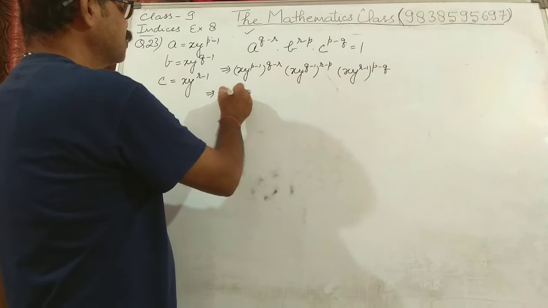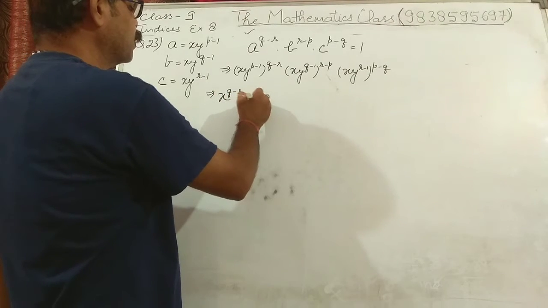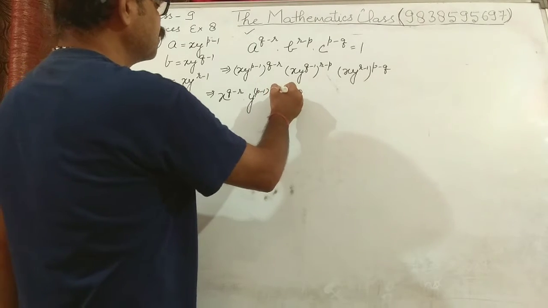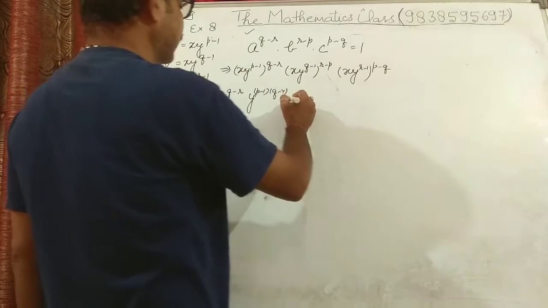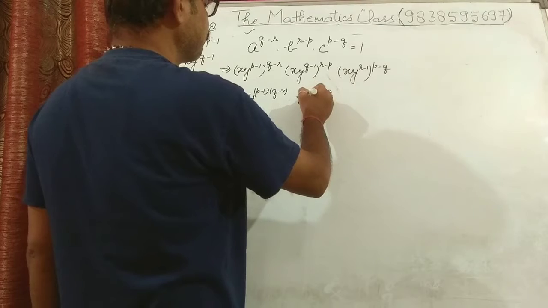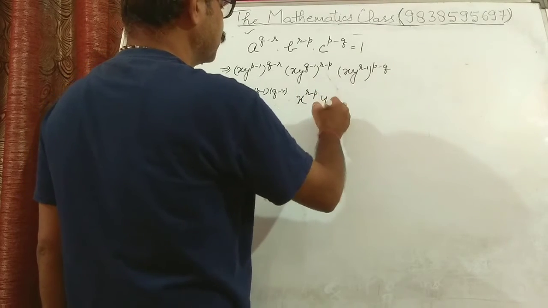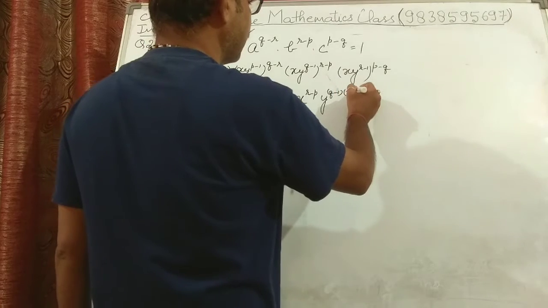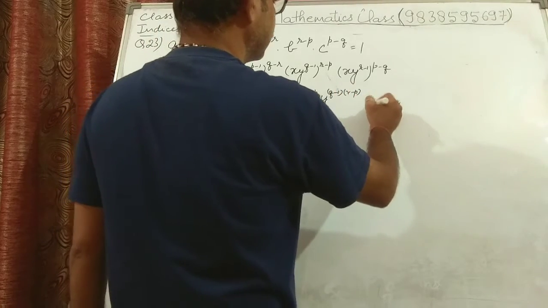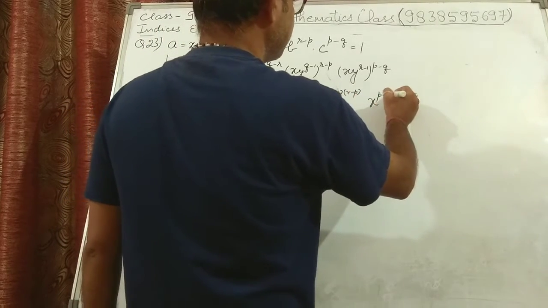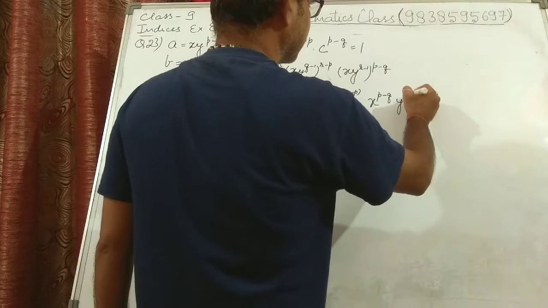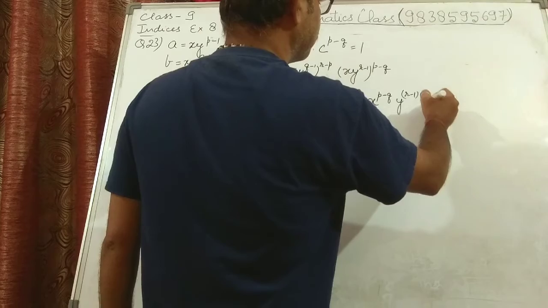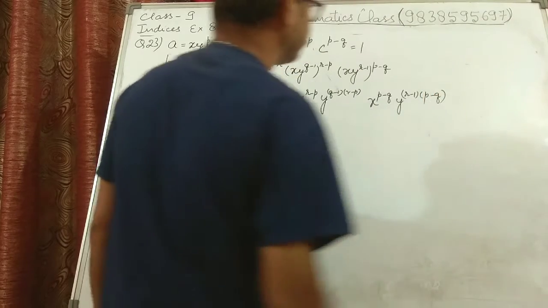x will be q minus r, y will be (p-1) into (q-r). Similarly, in the second bracket, x to the power r minus p, y to the power (q-1) into (r-p), and similarly x to the power p minus q and y to the power (r-1) into (p-q).